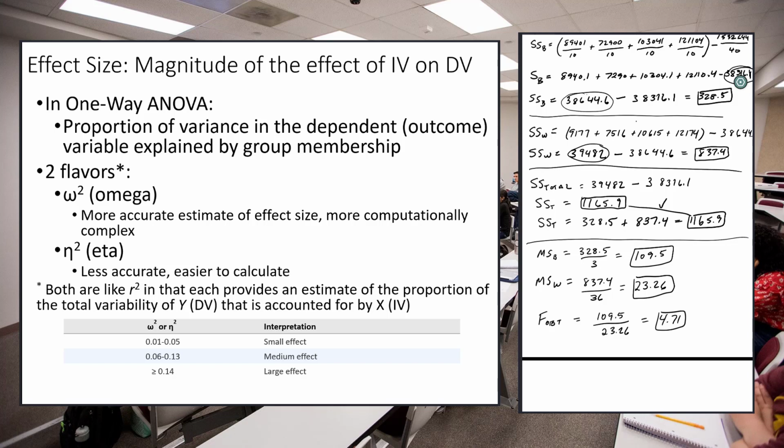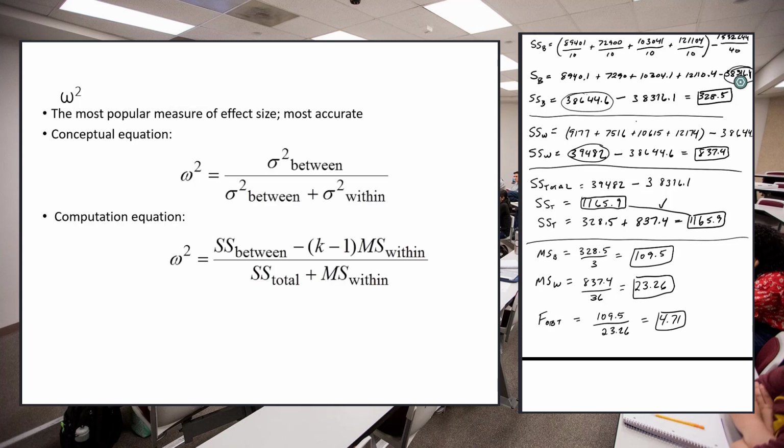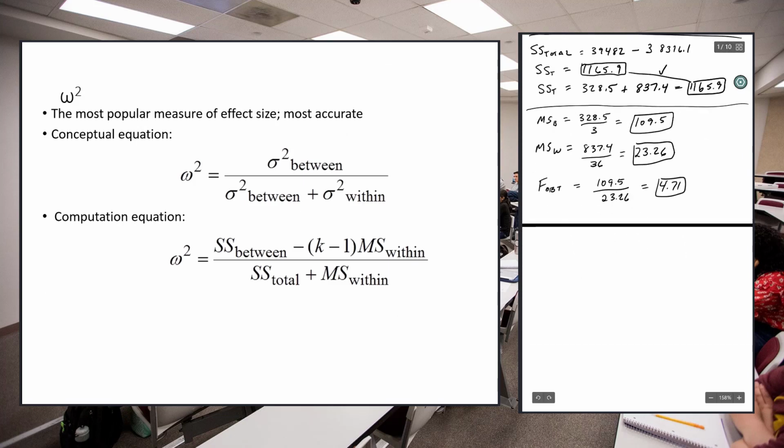So omega squared is a slightly more complex computation, but it is a more accurate estimate of the true effect size. So let's start out computing omega squared.